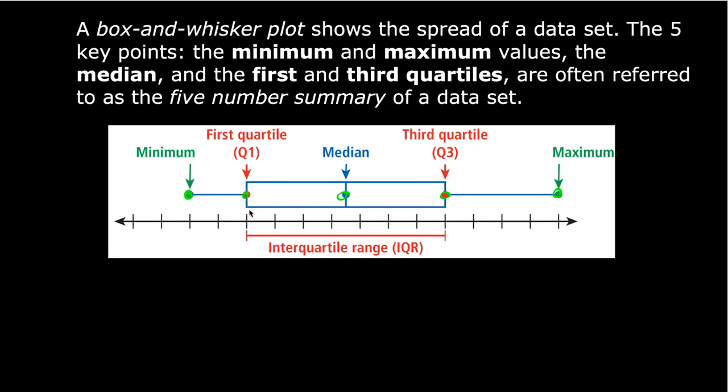And each of these little segments represent 25% of our data. Here's our middle 50%. Here's our upper 25% from Q3 to the maximum. And then from Q1 to the minimum is our lower 25%.